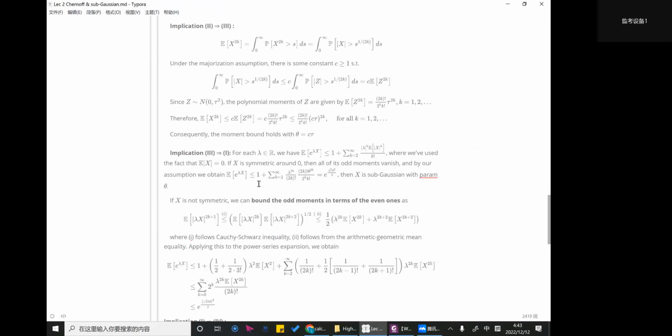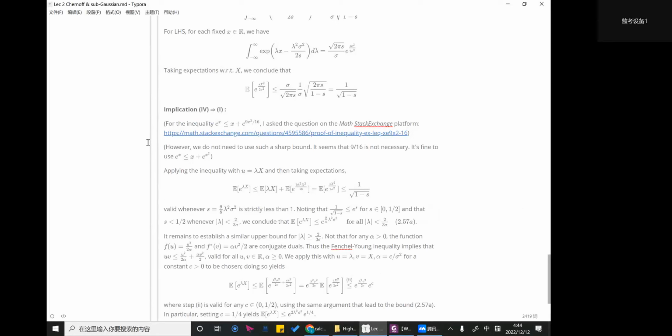But what if x is not symmetric? We can bound these odd moments in terms of the even ones. So this is a very important way to prove this. So we can bound the odd moments in terms of the even ones. And the second one is here. How do we incorporate the linear form and the quadratic form on the two sides of the inequality?